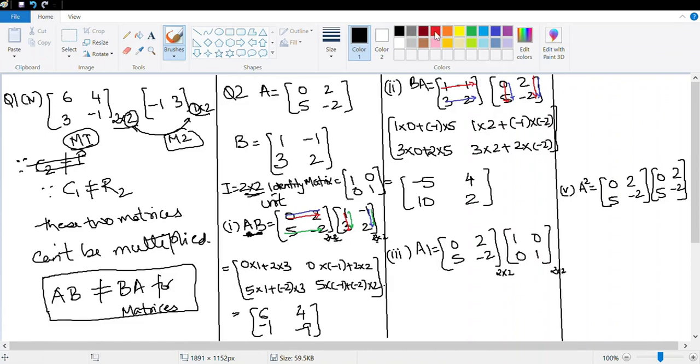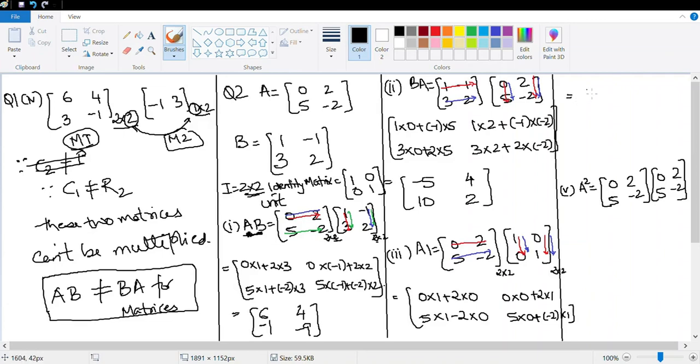So let's multiply. Let me look at how I do it. 0 2 will first get multiplied with 1 0, then it will get multiplied with 0 1, and then 5 and negative 2 will get multiplied with 1 0 and then with 0 1. This will be 0 into 1 plus 2 into 0, and then 0 into 0 plus 2 into 1, 5 into 1 minus 2 into 0, and 5 into 0 plus negative 2 into 1.